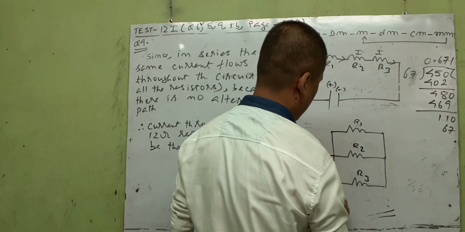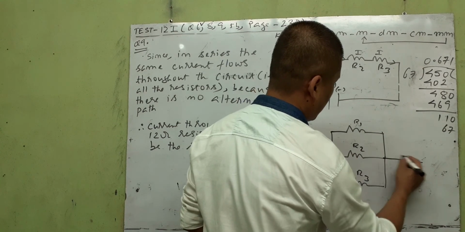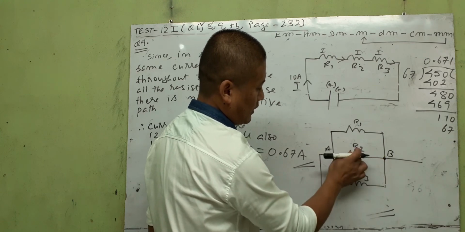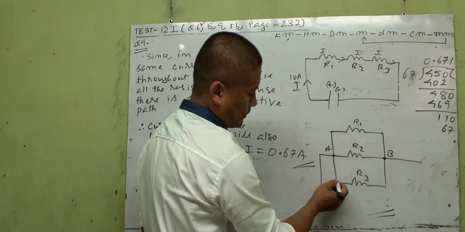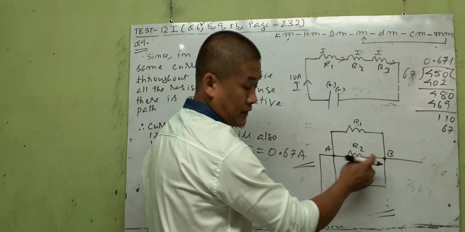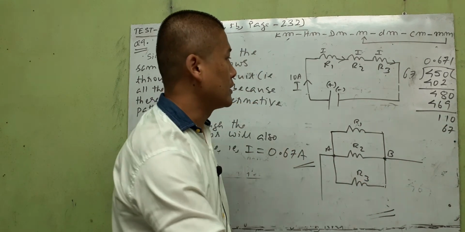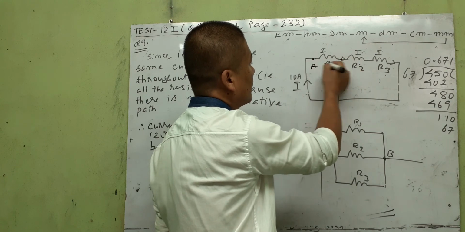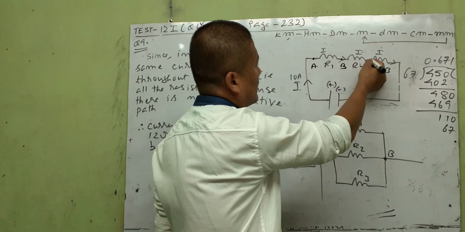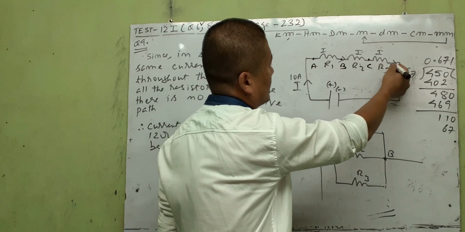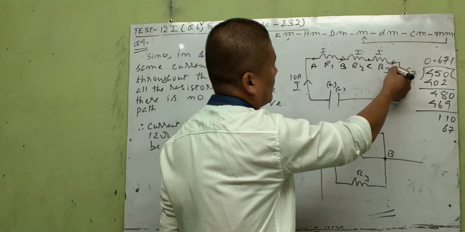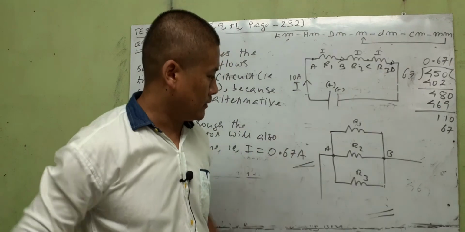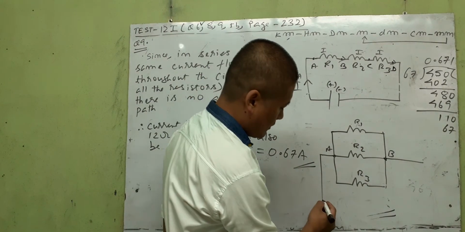Parallel means they are connected between the same 2 points A and B. R1 is connected between A and B, R2 also between A and B, R3 also between A and B. That's called parallel, connected between the same 2 points. If connected between different points, R1 between AB, R2 between BC, and R3 between CD, all three resistors are connected at different points, that is series.